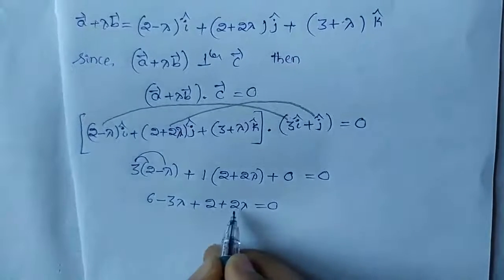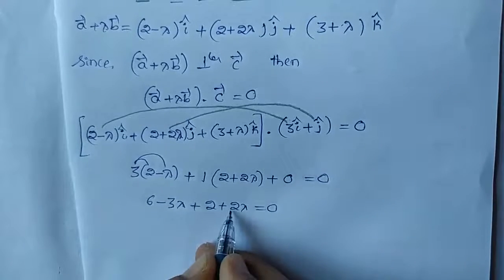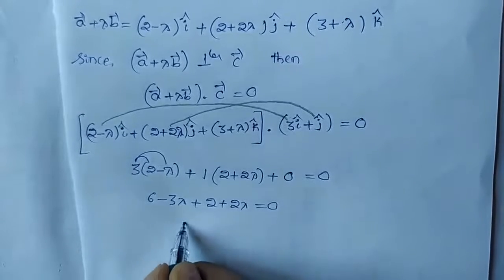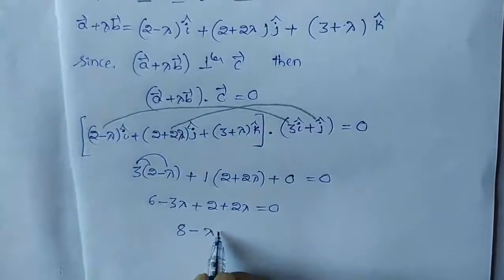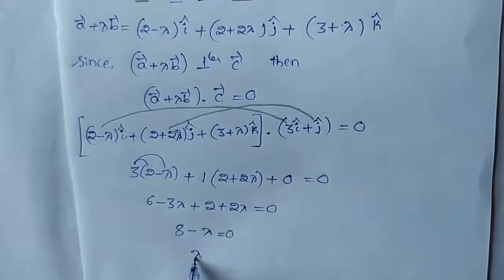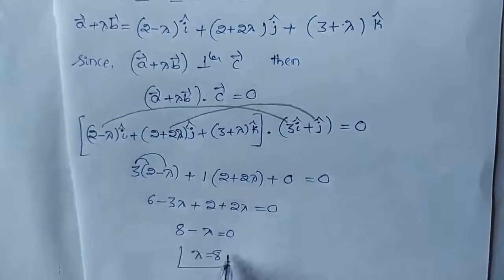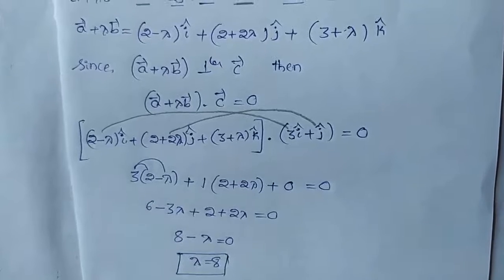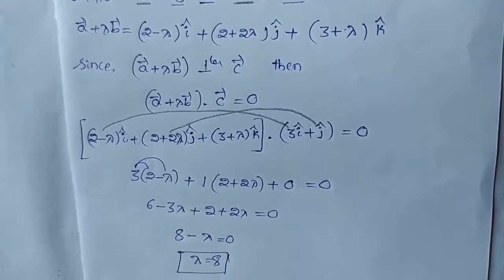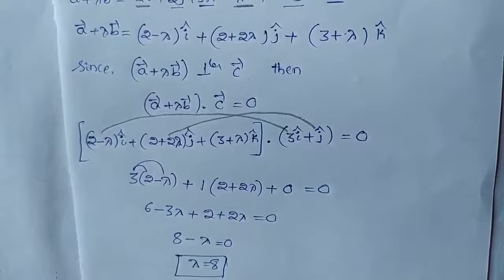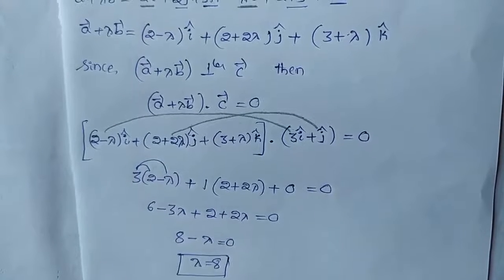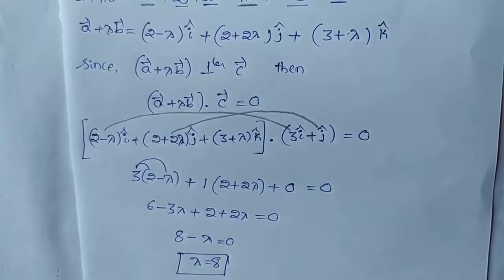Minus 3 lambda plus 2 lambda is minus lambda. 6 plus 2 is 8. So 8 minus lambda equals 0. Therefore lambda equals 8. Hence the value of lambda is 8. Hence it is the answer. Hence this is the solution for the 36th question.